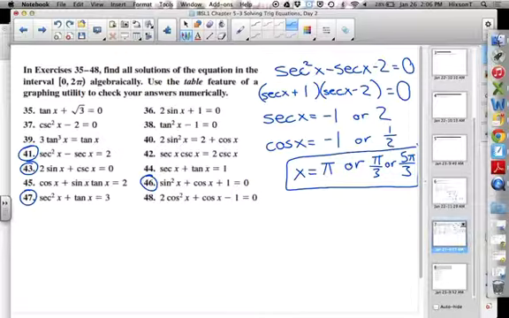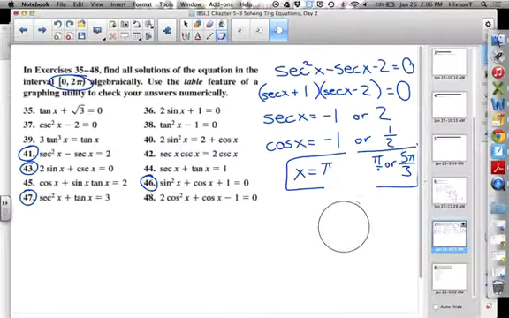When your book just says to solve, or find the solutions, in this case it said find the solutions from 0 to 2 pi, so we don't need to do that here. If all it said was solve, they're wanting general solutions, so yes, you would on all of these put a plus 2 pi n. Okay? We aren't doing it here because we have the interval that they asked us to solve it on.